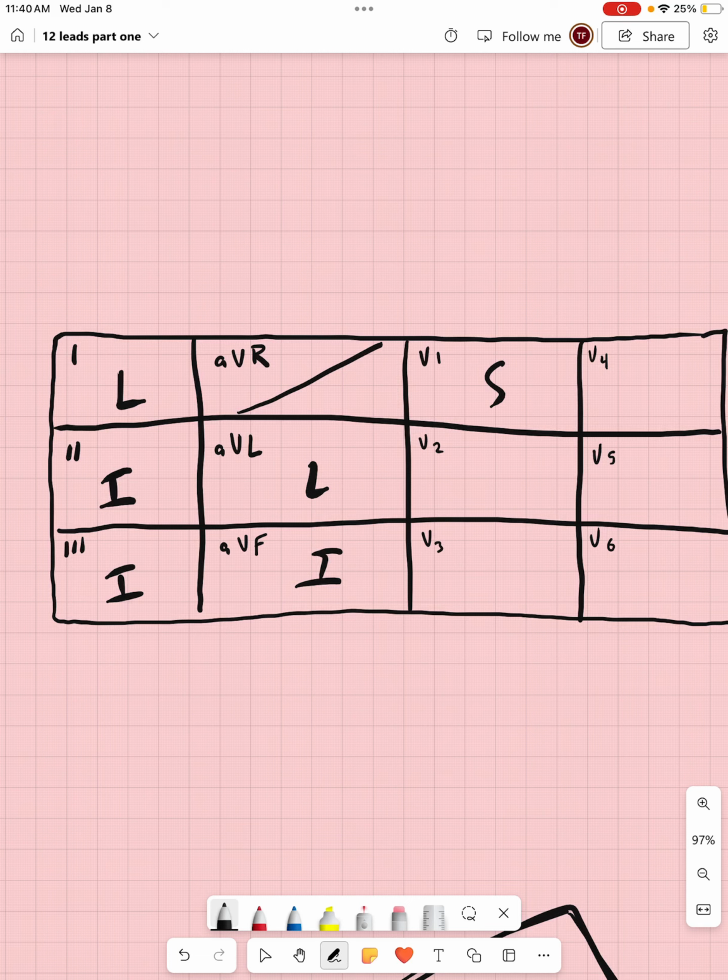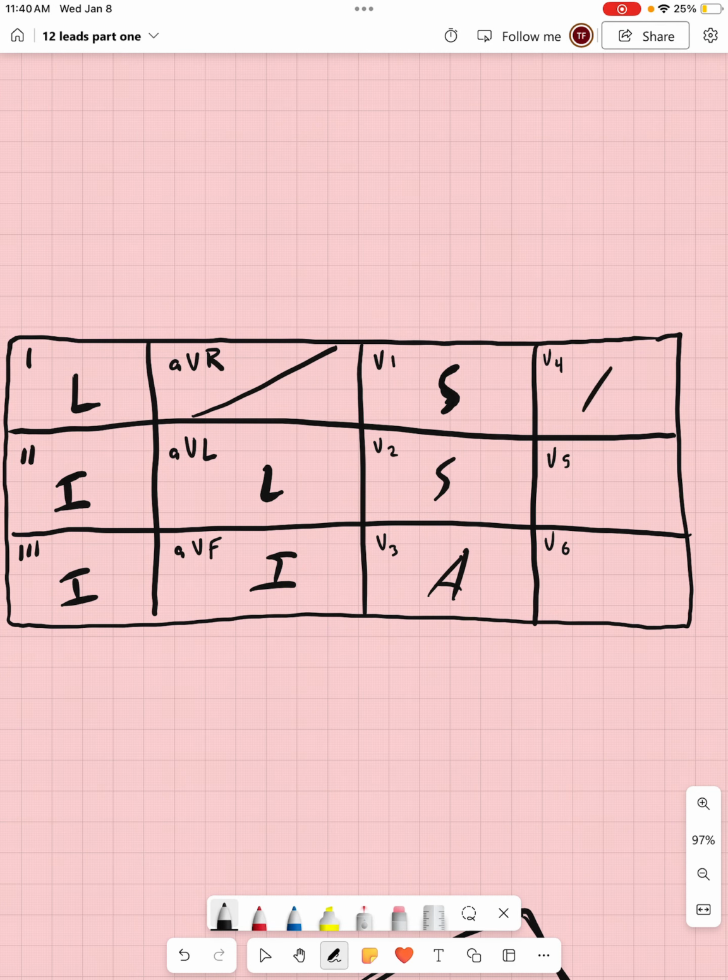V1, septal. Remember I said you have a heart separated by a left chamber and a right chamber that is separated by a septal wall. So this V1 here is looking at that wall, specifically the interior. V2, also septal wall. V3, anterior portion. V4, anterior portion.